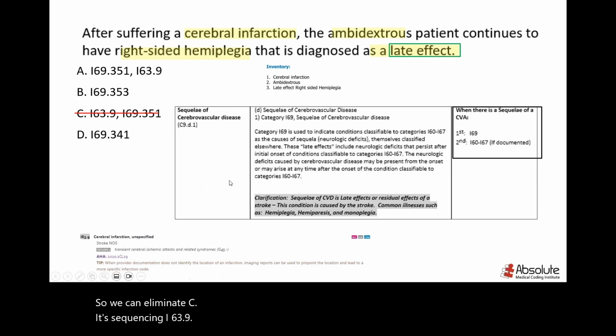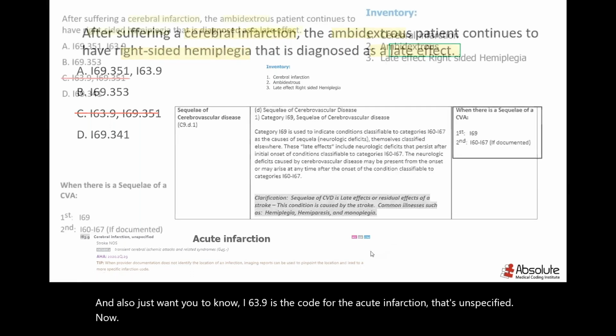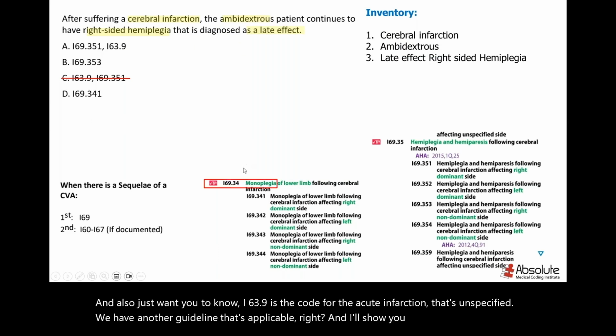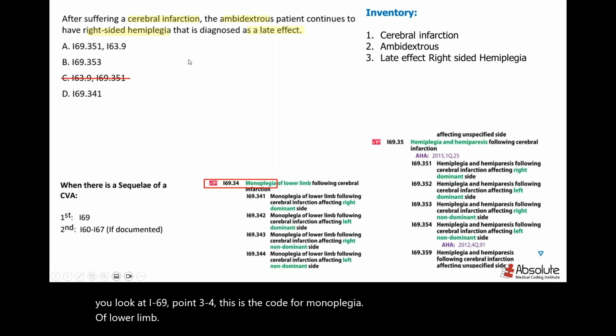Also, I want you to know I63.9 is the code for the acute infarction that's unspecified. Now, we have another guideline that's applicable, and I'll show you that in a moment. But if you look at I69.34, this is the code for monoplegia of lower limb. We have right-sided hemiplegia, so this is not applicable.